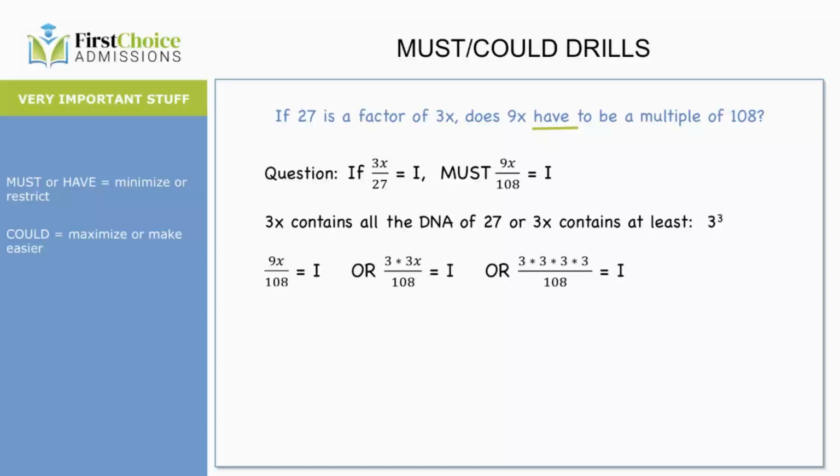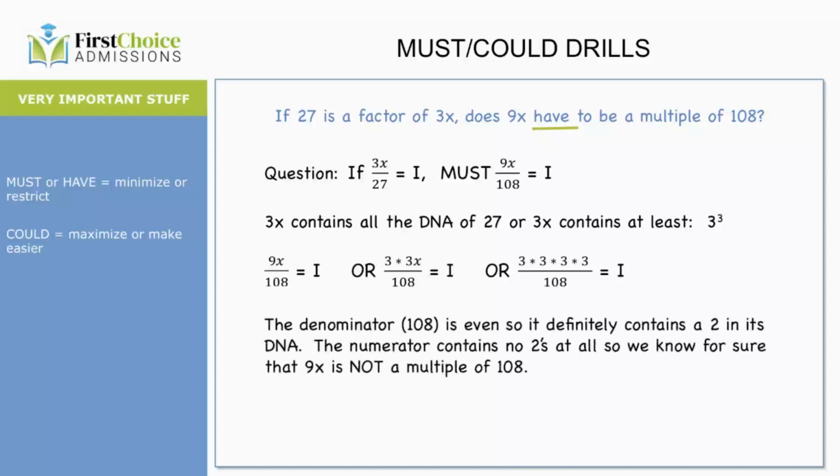Is that an integer? Hey, you know what? I don't think it is, because that denominator, 108, that thing is even. We know for sure 108 has a 2 in it. Are there any 2's in the numerator? There are not. Will that numerator ever cancel off on all the DNA of the denominator? It will not.